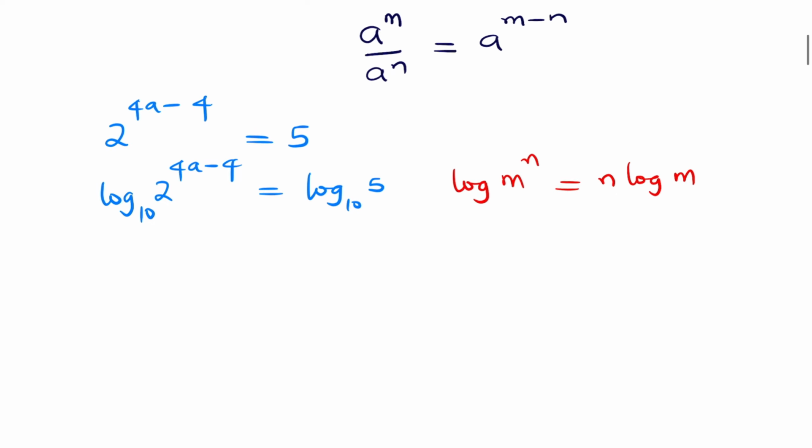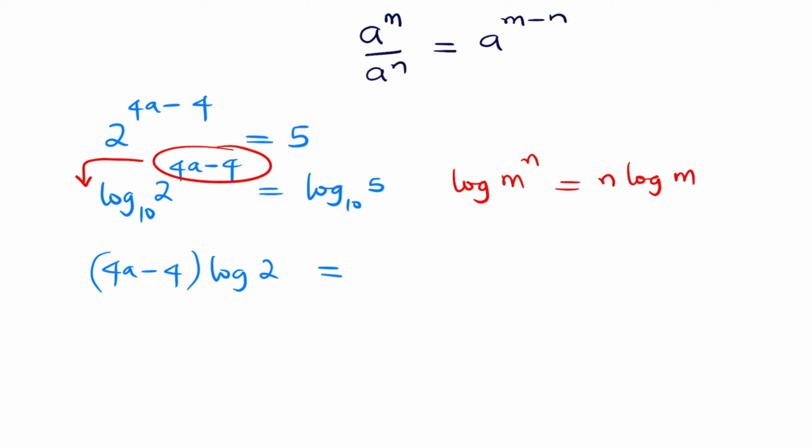So the power in question here is 4a minus 4, and we can transfer that to the front. So we have 4a minus 4 into log 2 base 10 equal to log 5.